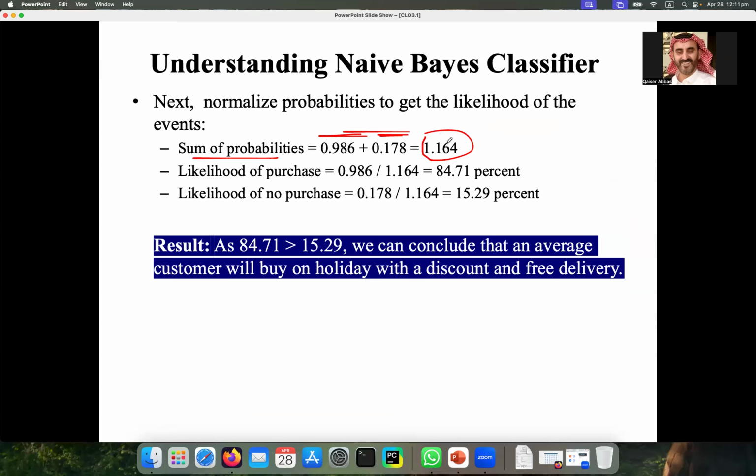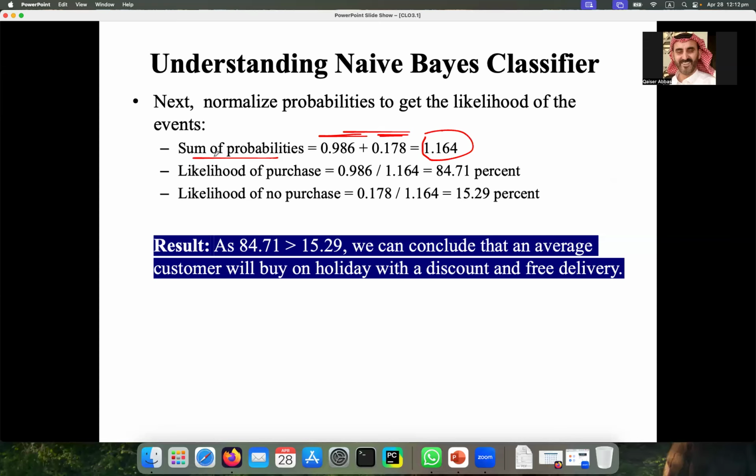But anyhow, leave it, it is not too much. It should have been one, since it is buy or not buy, but it is becoming more than one because it is an example.